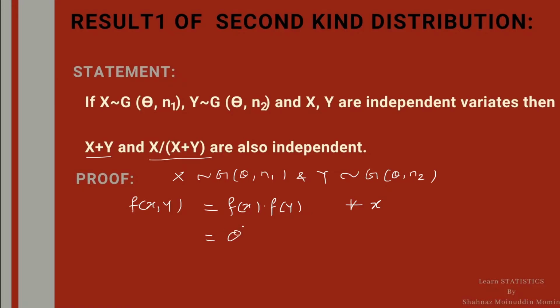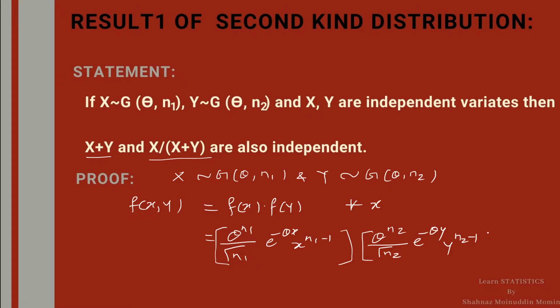So it is theta raised to n1 over gamma n1, e raised to minus theta x, x raised to n1 minus 1. This is the gamma(theta, n1), into theta raised to n2 over gamma n2, e raised to minus theta y, and y raised to n2 minus 1. This is gamma(theta, n2).